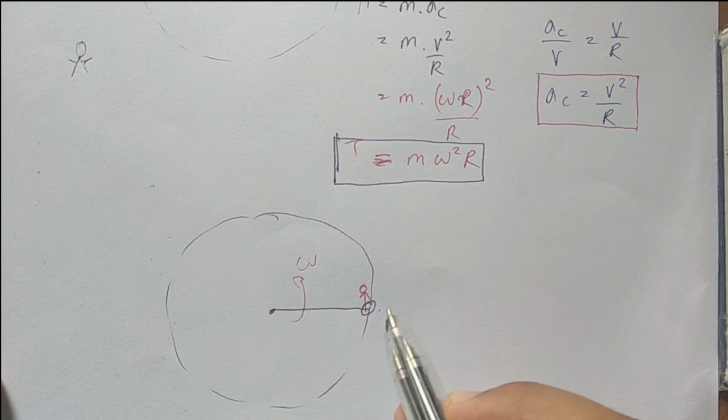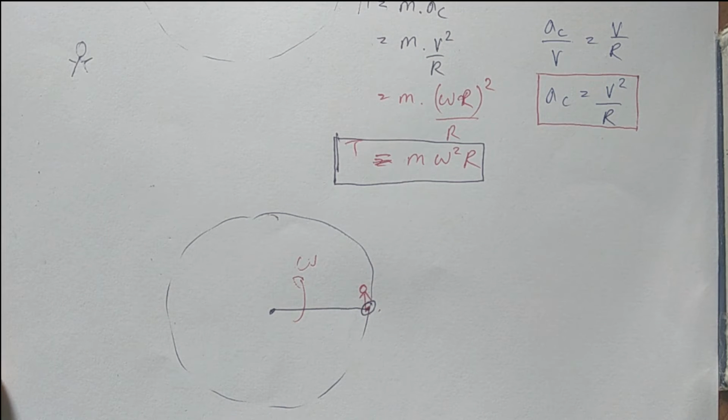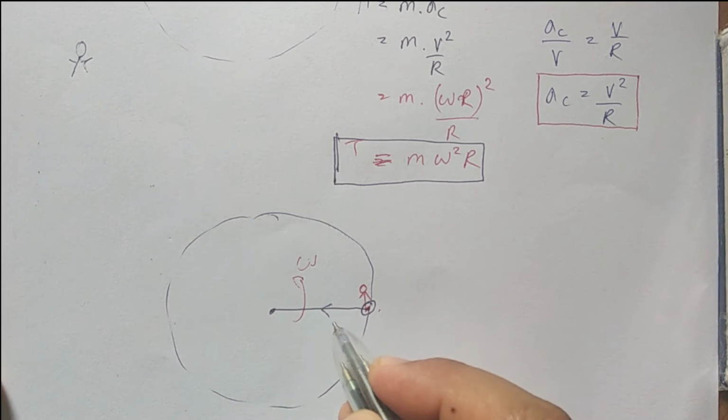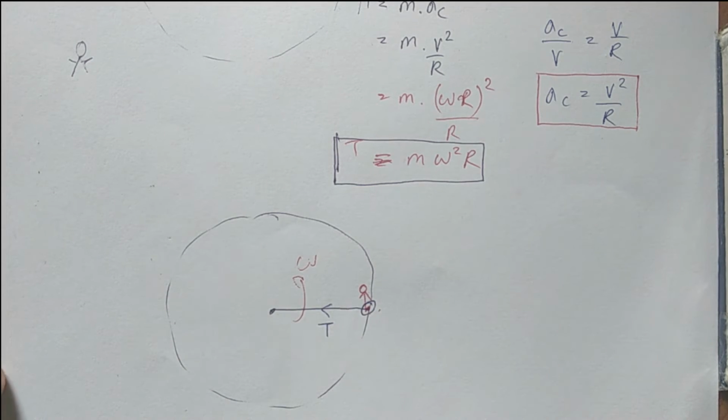What we can do is take the pseudo force concept. Similar to the first case, the tension force is acting towards the center, but we cannot say that the tension force is causing the centripetal acceleration, because for him this object is stationary.